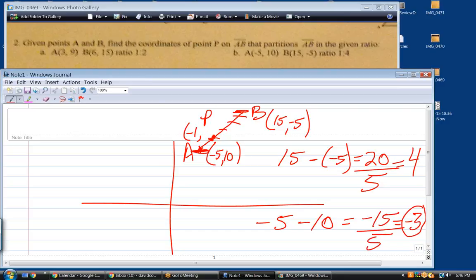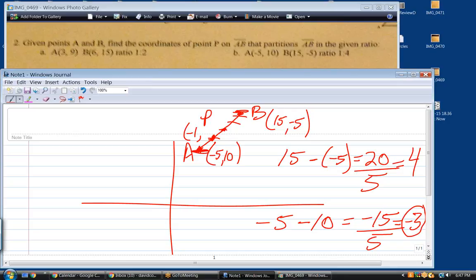So don't pay attention to my graph. It's not correct, but it doesn't keep us from calculating the y. I have to go -3 every time I go from this point to this point to this point to this point to this point to that point. I got to subtract 3 from each y.